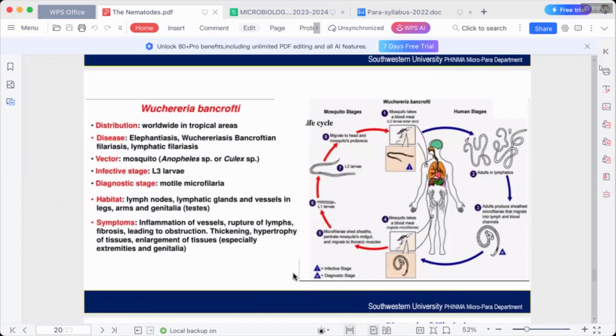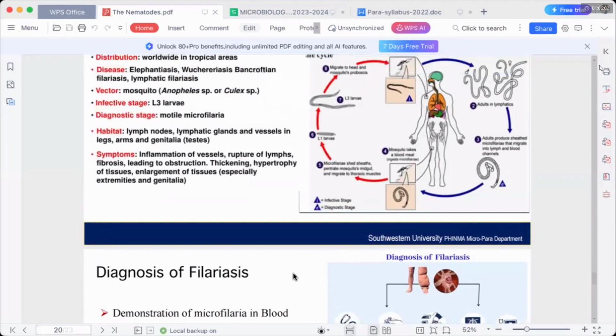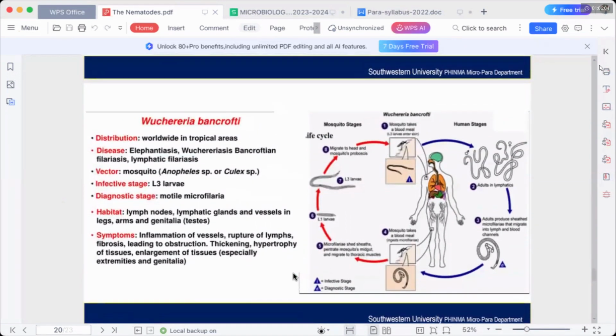Then let's go to Wuchereria. Why Wuchereria? Because it is the most widely encountered tissue nematode, worldwide, usually in the tropical areas.